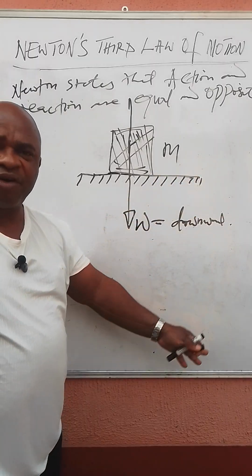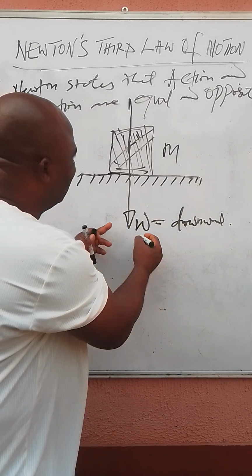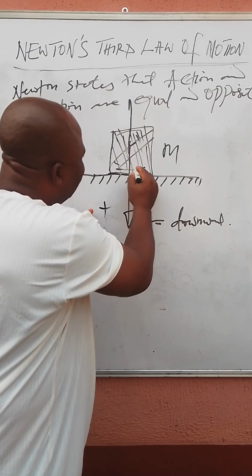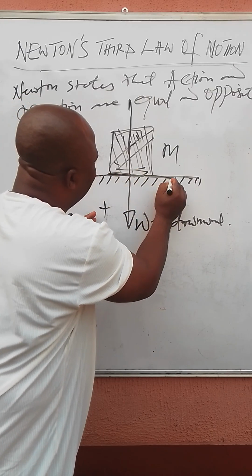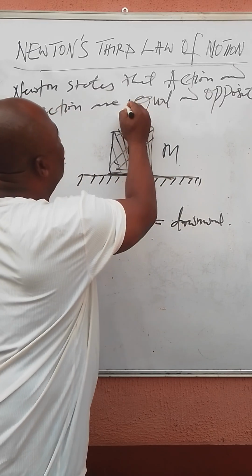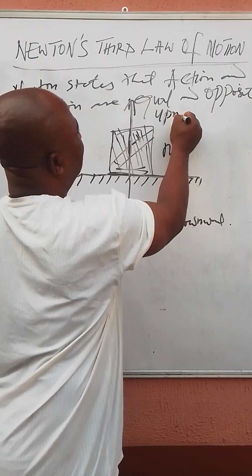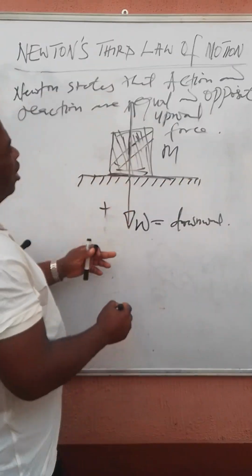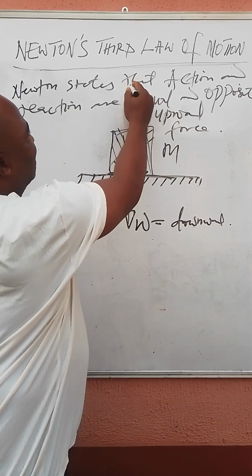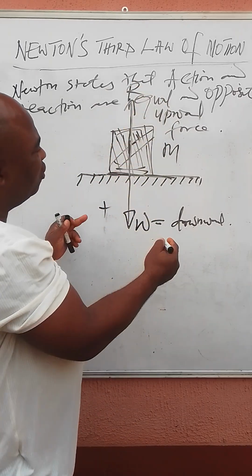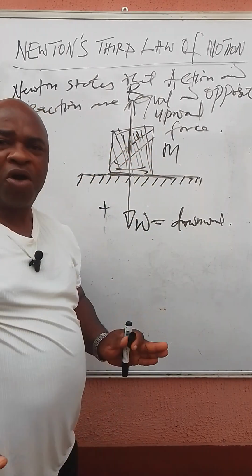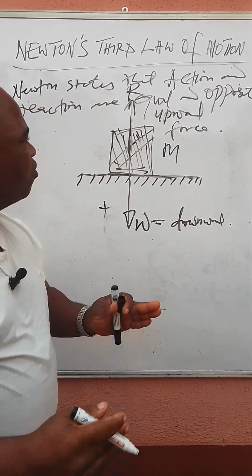So we can call it a downward force. Meanwhile, as it is acting, there is a reaction. The reaction of this table will equally be going upward. We can call it an upward force, given as R, which is the reaction of this table on this heavy block of wood.